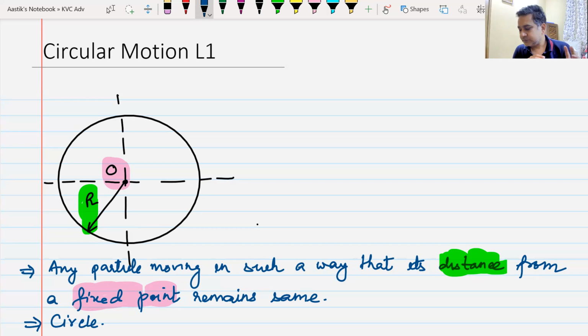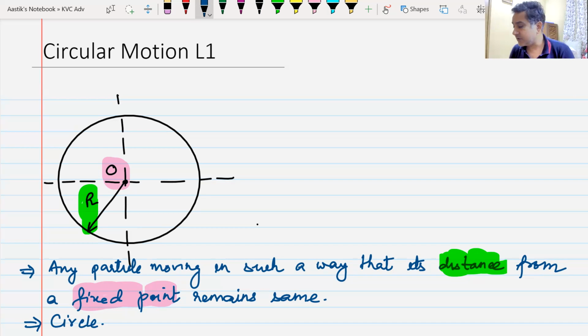So anything that is not straight is curved. Anything that is curved has a center and a radius. We call it center of curvature and radius of curvature. So we'll see those terms also. Right now, let us just concentrate on something which is exactly circular.